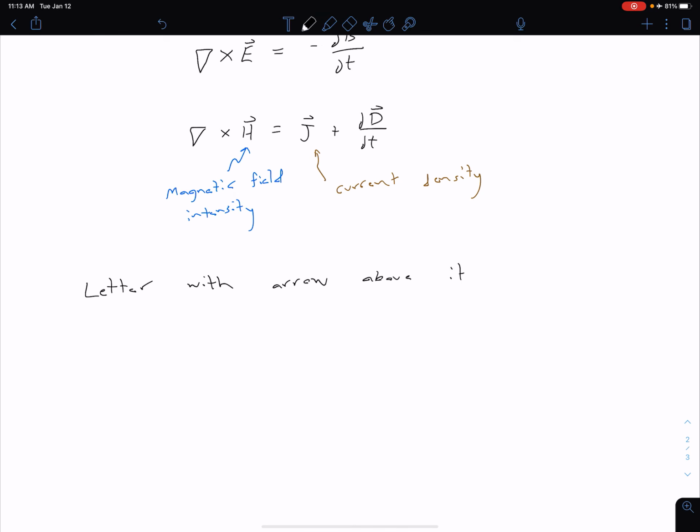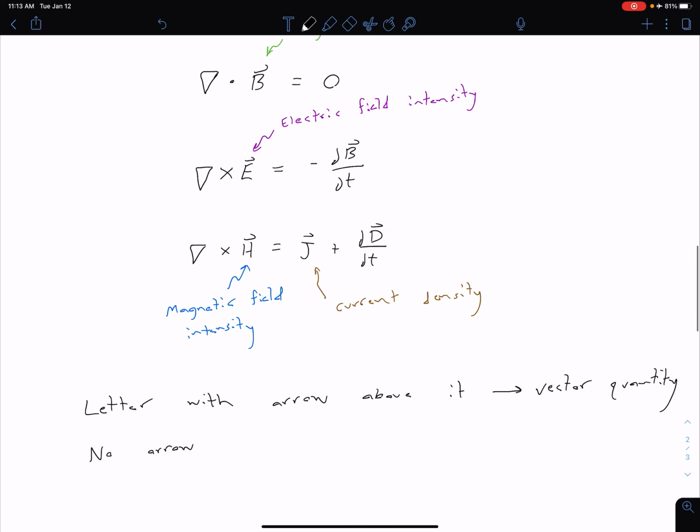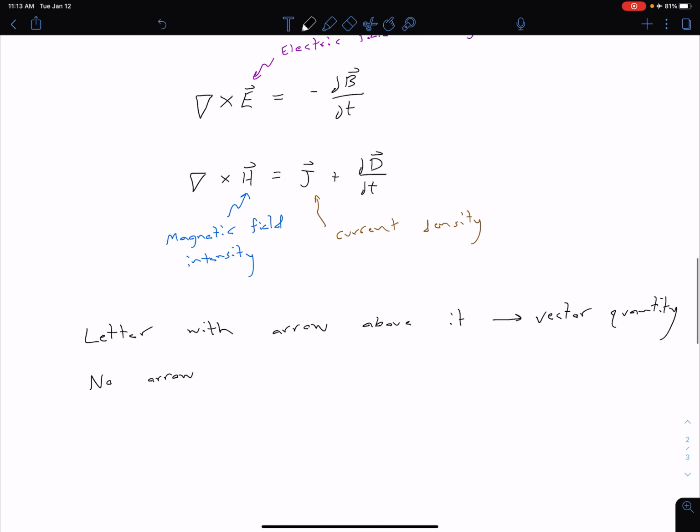And if we have no arrow above our parameter, like we had with this rho sub V, then that's going to indicate that we have a scalar quantity. And we're going to come back later and define these in the next video and work with some of this, but it's important to note that we're going to have both vector and scalar quantities.